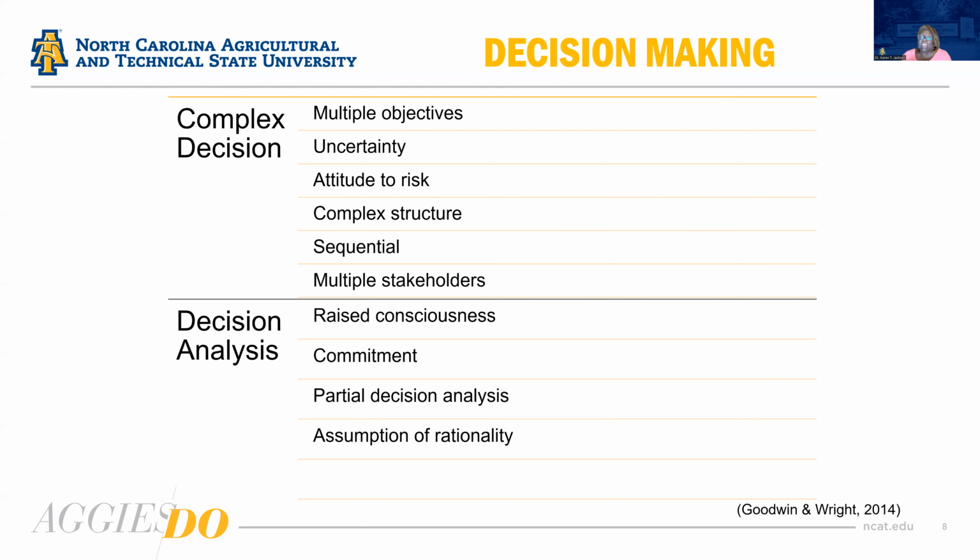So in thinking about the complexity of a decision, just think about when we get up in the morning and we have to get ready for work. There are multiple things that we have to consider when we're deciding what to do and when to do what, right? We've got to get up. There might be other people in the house, children that we have to make sure are up.